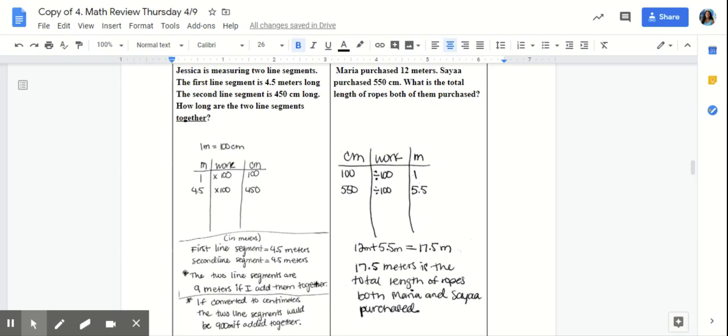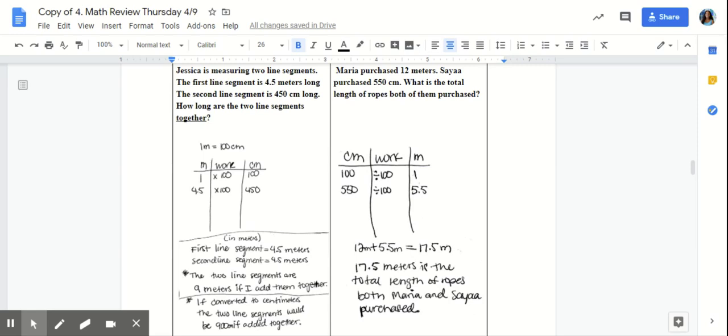I chose to convert into meters. So here I've drawn my table. I know that 1 meter equals 100 centimeters, so I'll show my work for that. Then I'll just plug in my numbers. I know that 4 and 4/10 times 100 is 450.